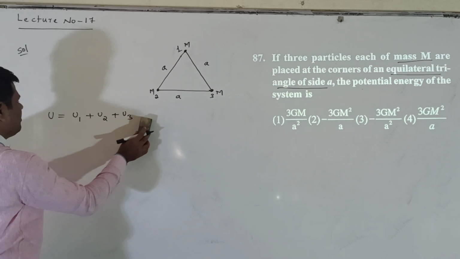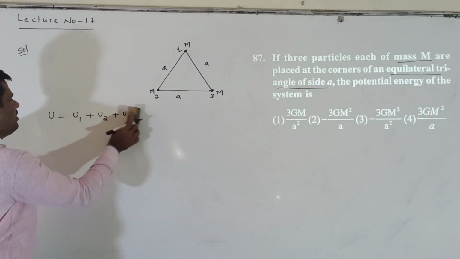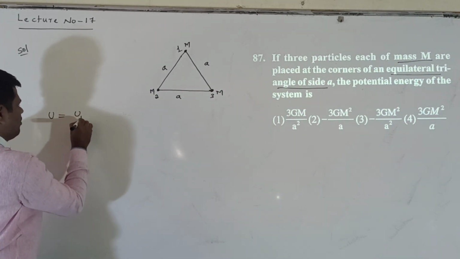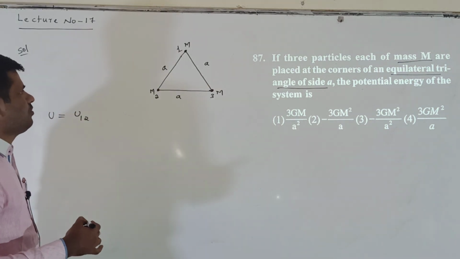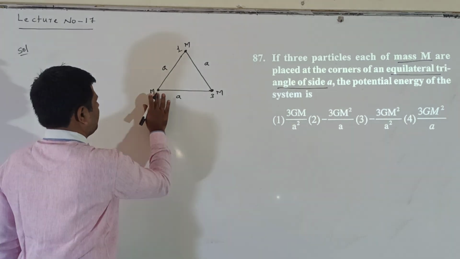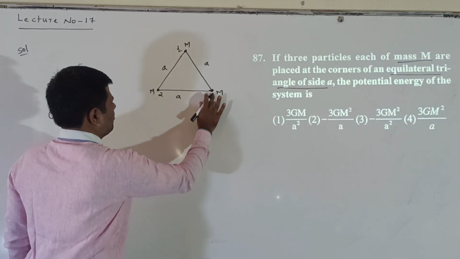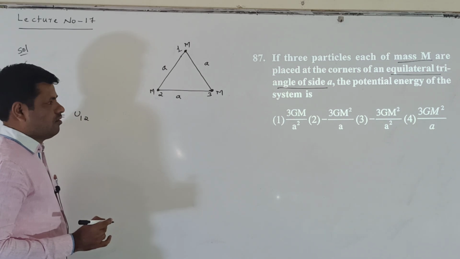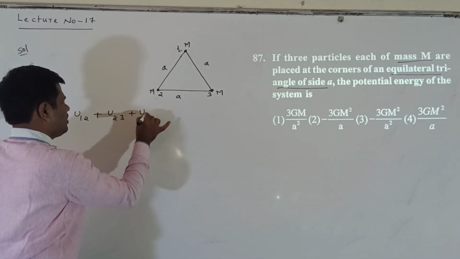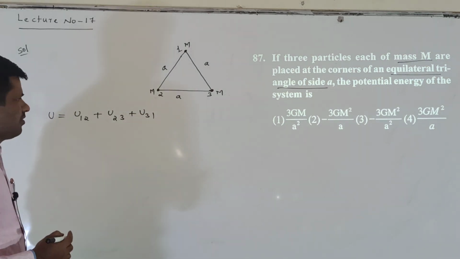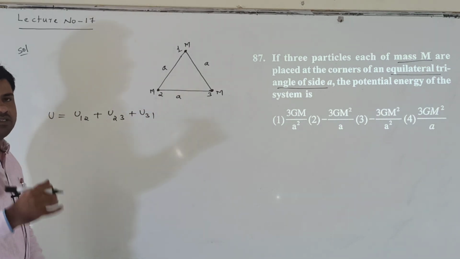So U12, the potential energy between the first and second particles, plus U23 plus U31. Now this is the total potential energy of the system.